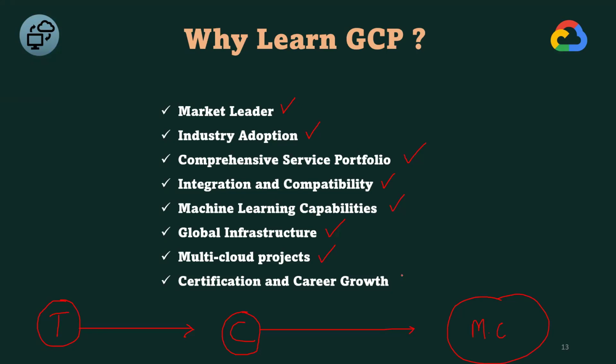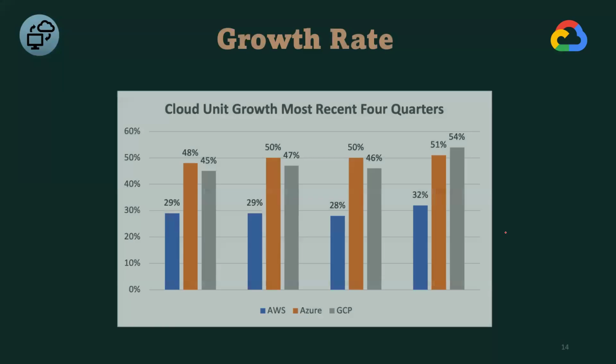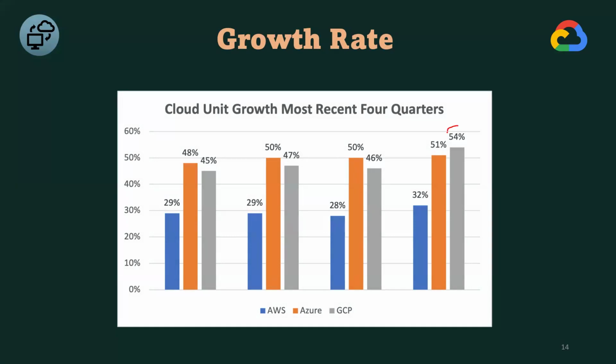And Google Cloud Platform has its own certifications and career growth. It provides certifications which are very useful for your career growth. So this is the reason we must learn GCP. And it has its own growth rate. You can see comparatively that the growth rate for GCP was very high in the last quarter compared to AWS and Azure.